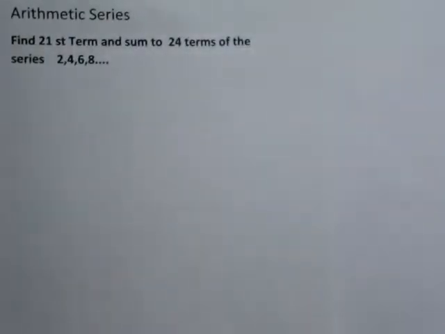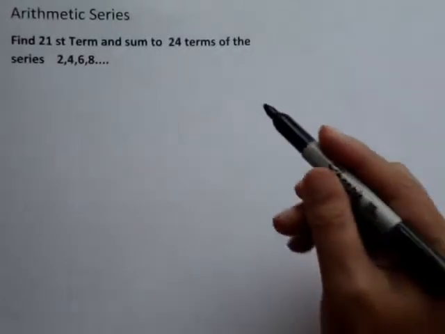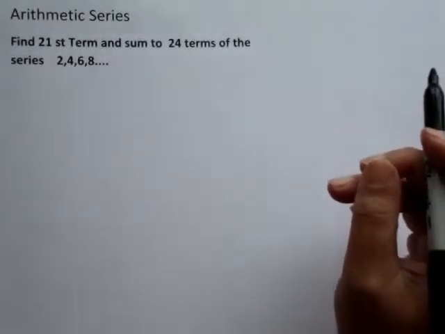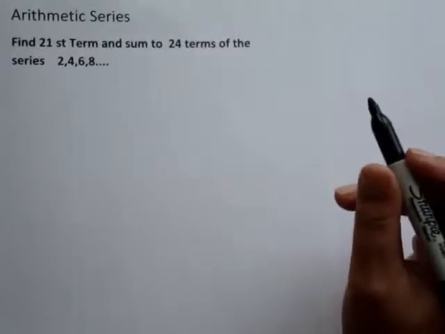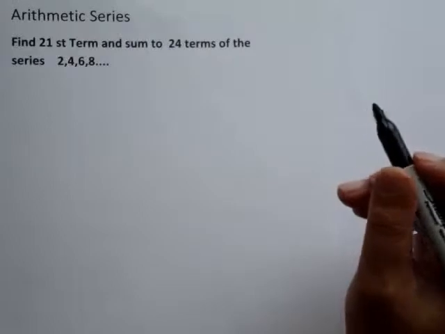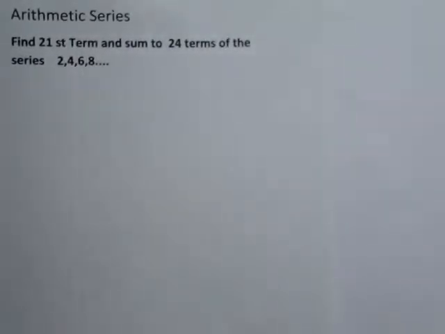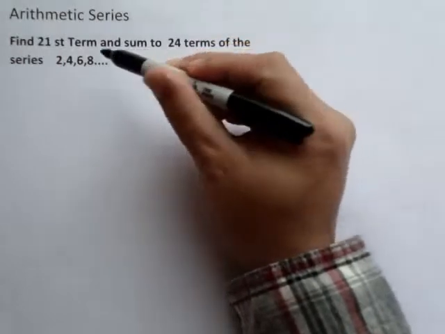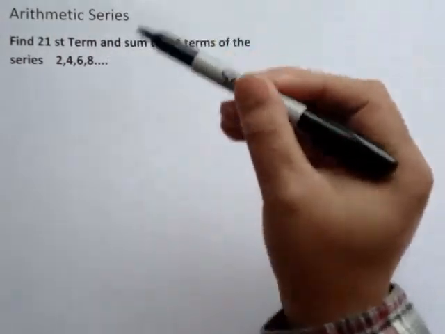Okay, let's have a look at using the general term formula. So in this first case we have to find the 21st term and sum to 24 terms of the series 2, 4, 6, 8. So first of all, let's make sure this is an arithmetic series, and how we do that is to make sure that there is a common difference.